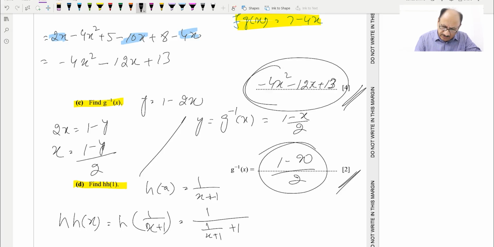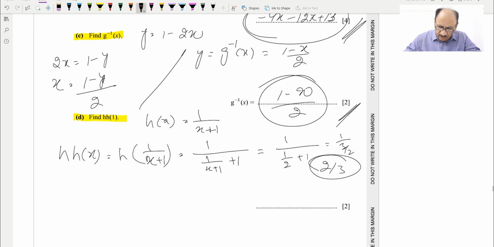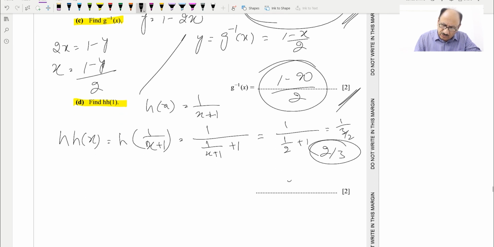So if we replace here 1, so 1 over 1 plus 1, so it will be 1 over 2. Then h of 1 over 2 is 1 over 1 over 2 plus 1, so it will be 3 by 2, 1 over 3 by 2, which we can write as 2 over 3. This will be our final answer, which is 2 over 3, which is done for 2 marks.